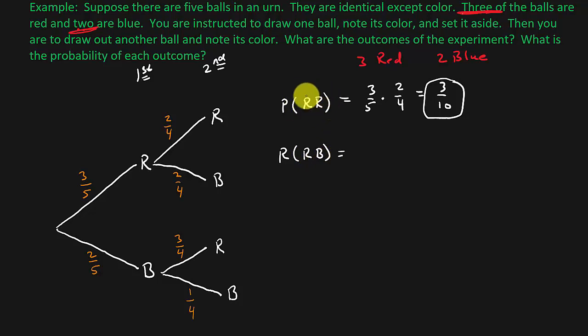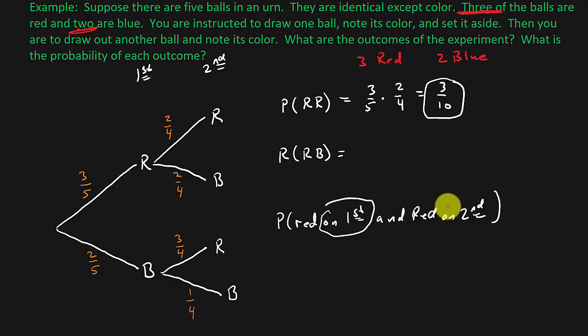This right here, you could read this as probability of red on first and red on second. That's what we're looking for. Red on the first ball, red on the second ball that we draw out. But I'm just going to do red on the first, red on the second. I'm not going to write all this out. Okay, but that's what it means.